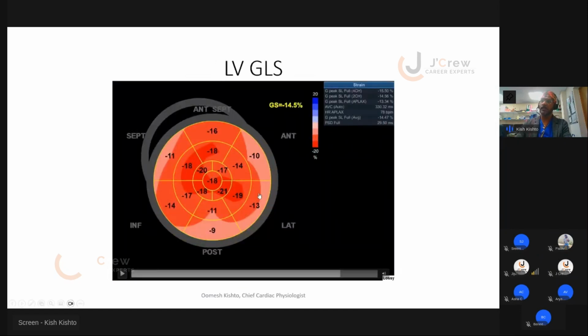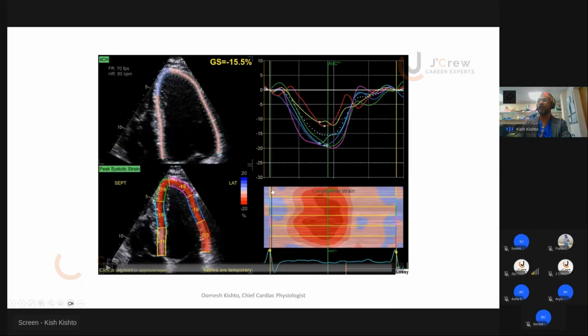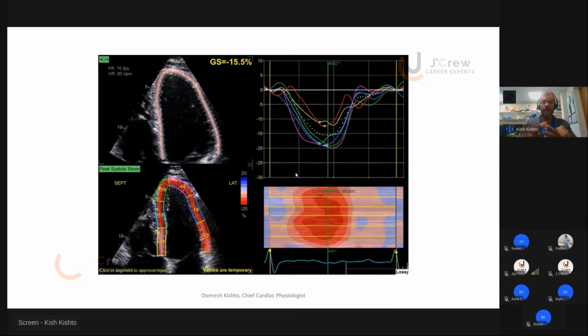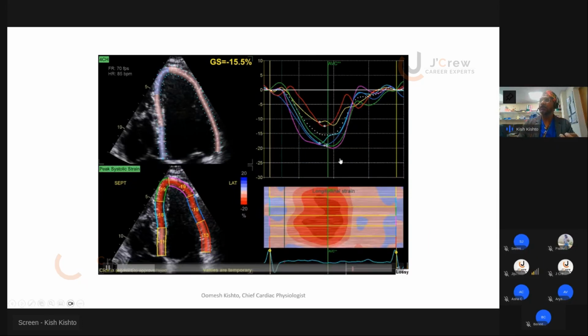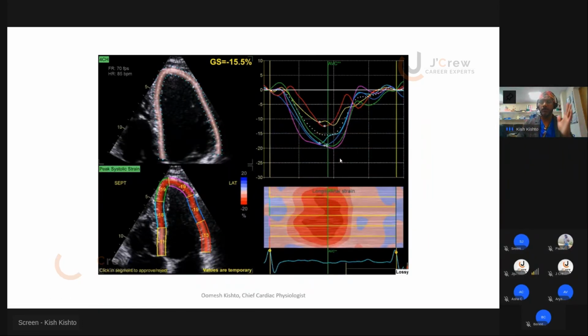So the GLS, like I said, we use the three views: apical four-chamber view of the LV, apical three-chamber view of the LV, and apical two-chamber view of the LV. Okay, so make sure, depending on which machine you're using, it's AFI in the GE machine.